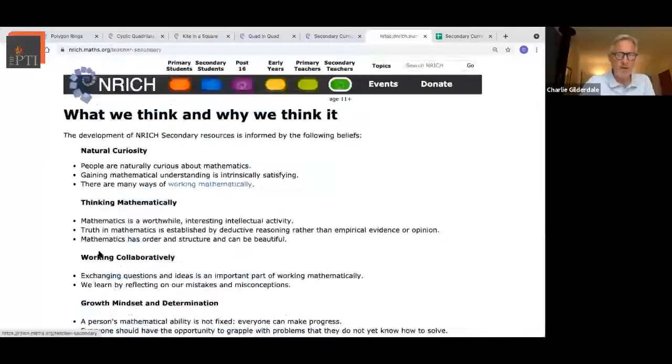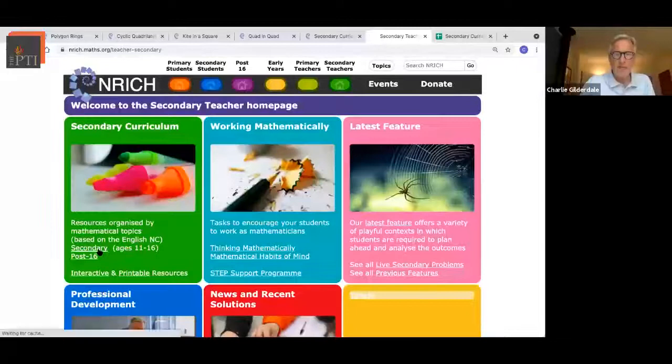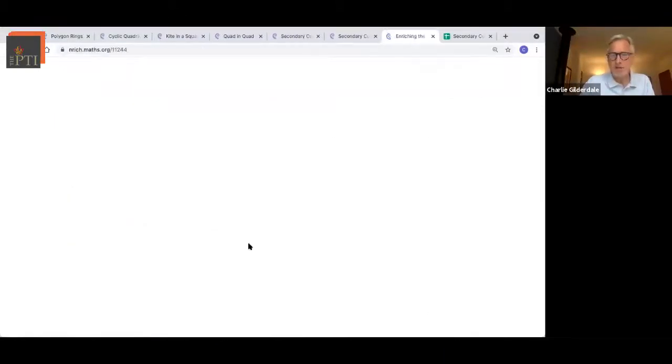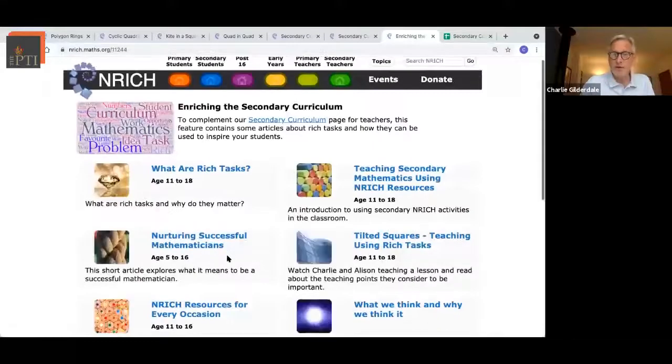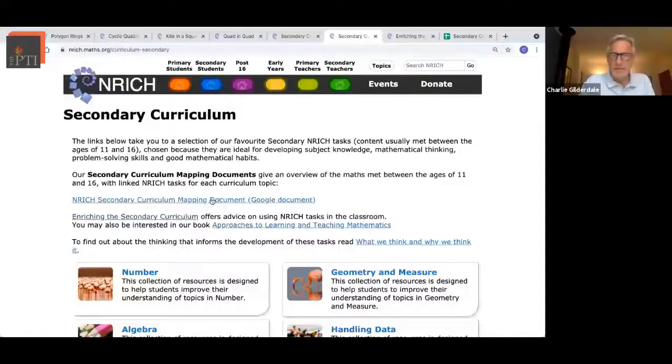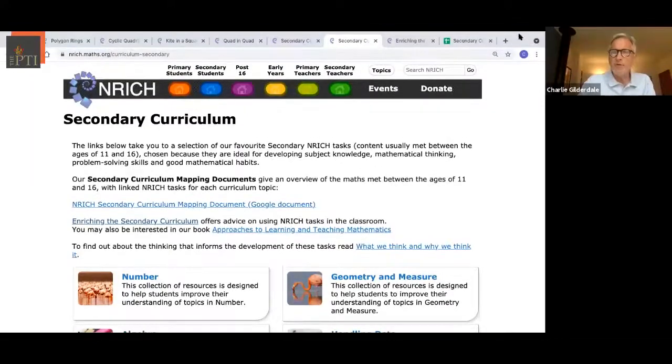If I go back to the secondary teachers page and go to the secondary, we've also got a collection of resources on enriching the secondary curriculum, and actually our tilted squares lesson is there. And the last thing I want to show you is that we've also got a curriculum mapping document. I'm not going to click on it now because it takes a few seconds to download. So I've already clicked on it earlier, and I can just show it to you. And this is what it looks like.